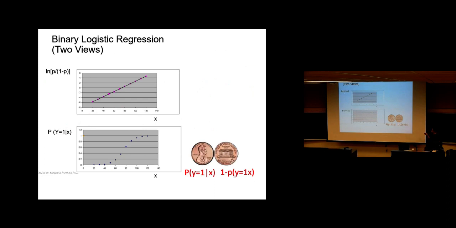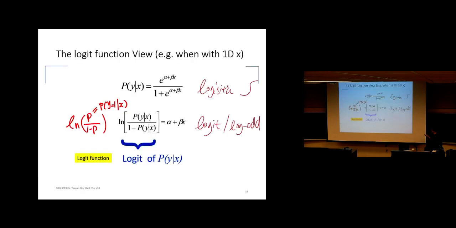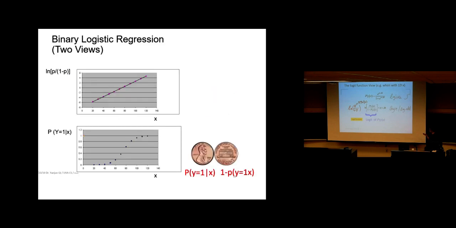So log of p over 1 minus p is, of course, linear, because this form is alpha plus beta x. And if you draw it geometrically, it's the probability of y equal to 1 conditional on x.